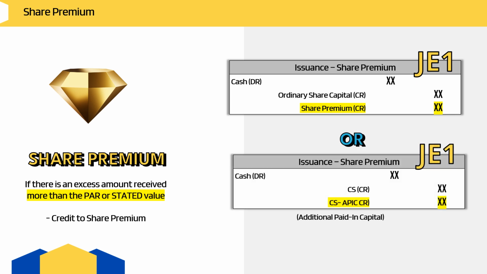The way I will write it in the future will be cash, CS for common stock, and CS APIC, additional paid-in capital. The reason why it's called APIC is that for that particular scenario, technically you only had to pay 100, but you gave additional paid-in capital to be able to buy those shares at a premium.